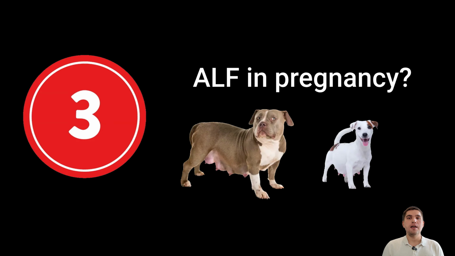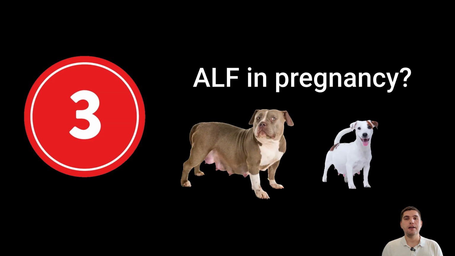Number 3, if you're seeing a late pregnancy or postpartum dog with sudden liver failure, don't rule out pregnancy-associated ALF. We don't have published cases in veterinary medicine yet, but in people, it's well documented, and I've seen a couple of suspected cases.